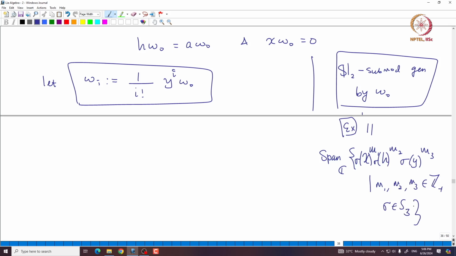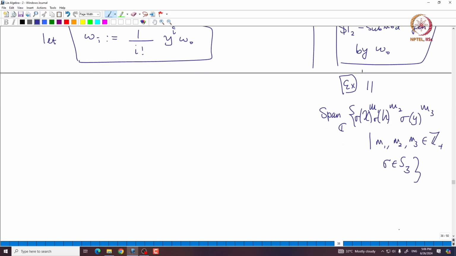If you take all possible permutations and all possible powers and apply them on W naught, then you will get the entire span of this SL2 submodule generated by W naught.